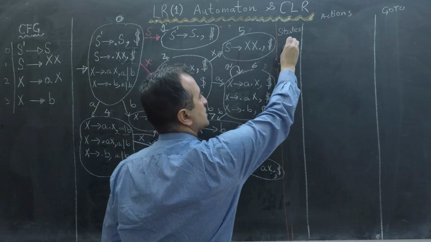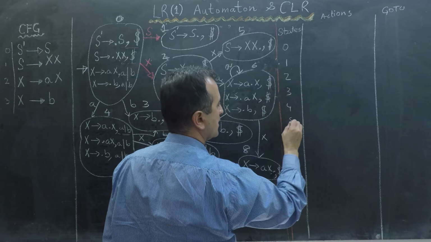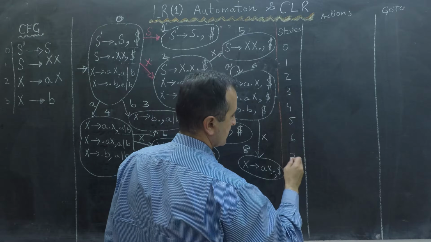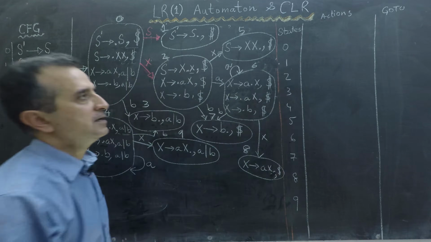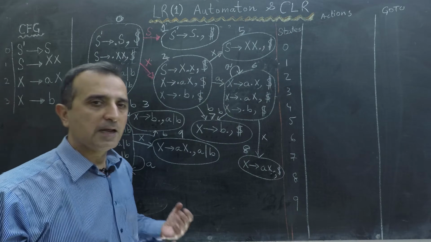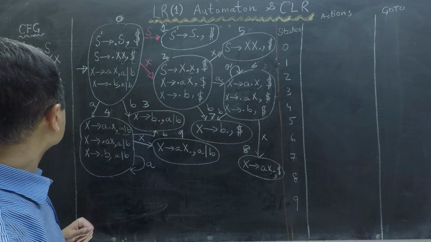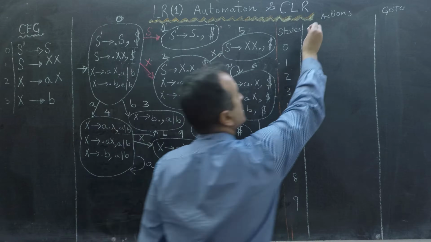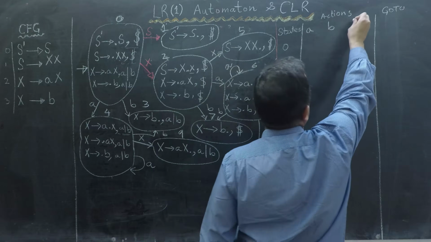So I have 0, 1, 2, 3, 4, 5, 6, 7, 8, 9. So these are my states. In the action, I will mention all the terminals and the end of input marker $. So I have terminals A, B, and end of input marker $.